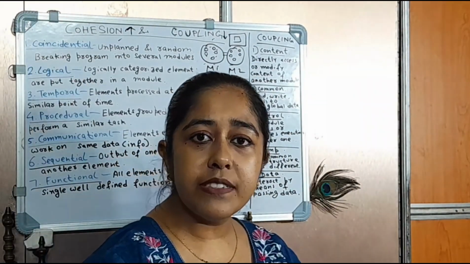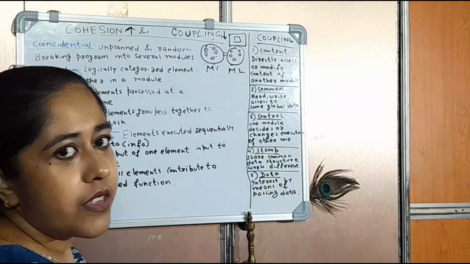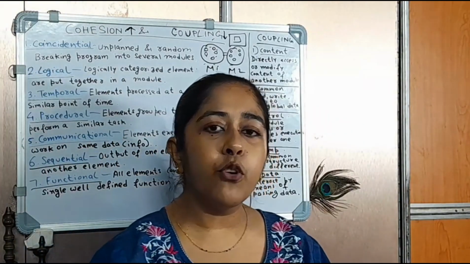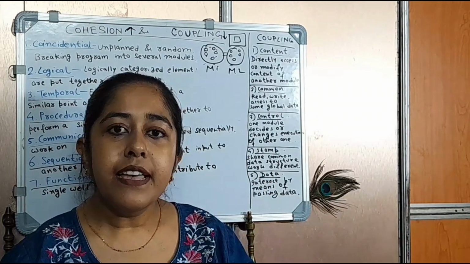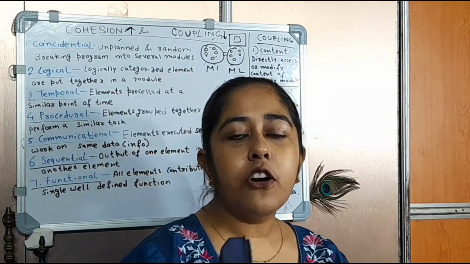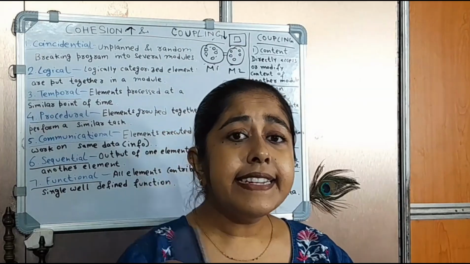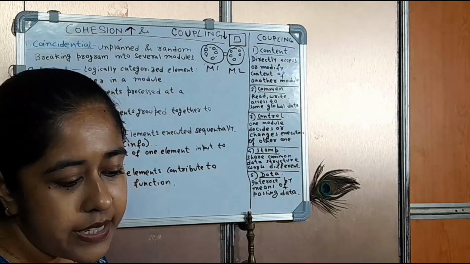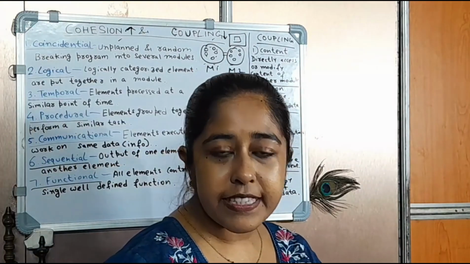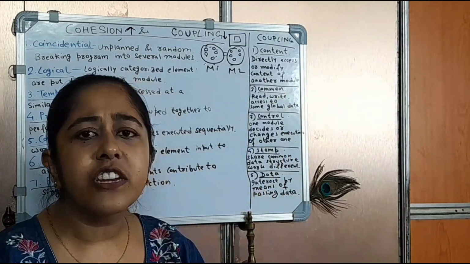What is coincidental cohesion? It is unplanned and random. Since this kind of cohesion is totally unplanned, it is unaccepted. When we go on with some unplanned feature, it creates problems or some unstructured thing.